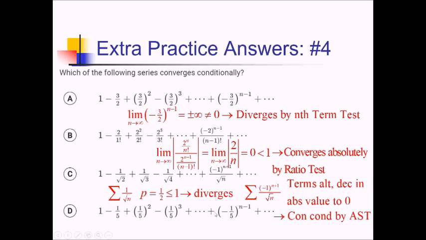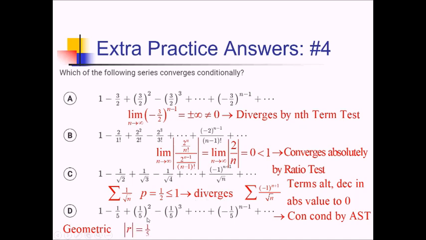I mean, we're already there. If we look at D, this thing also is going to converge by the alternating series test, just the alternating version of this. Now, if we look at this without the alternating, you essentially have a geometric series with 1/5 as your common ratio, or I should say a geometric series whose common ratio's absolute value is 1/5.